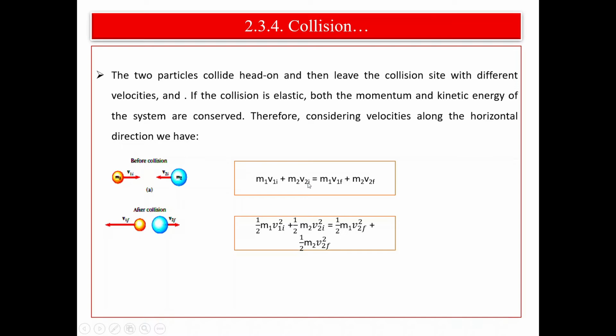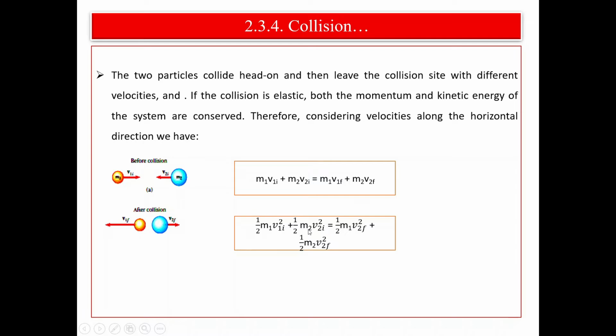The initial momentum is m1 v1 initial plus m2 v2 initial. The final is m1 v1 final plus m2 v2 final. This indicates the conservation of momentum. Considering the velocity along the horizontal direction, the initial kinetic energy is half m1 v1 initial square plus half m2 v2 initial square.